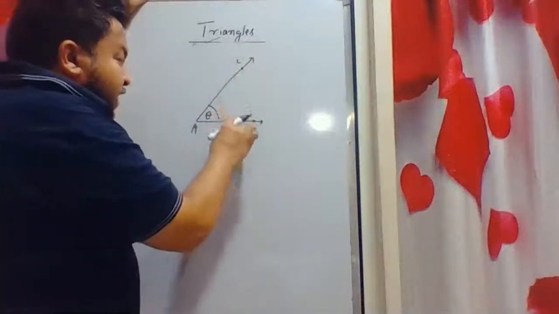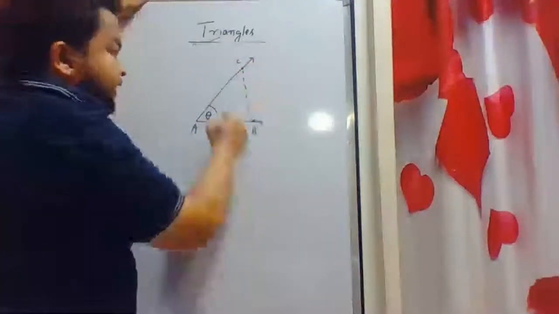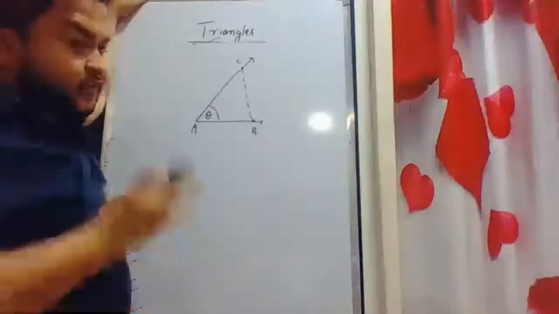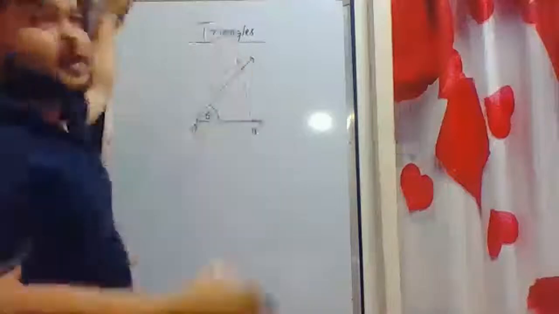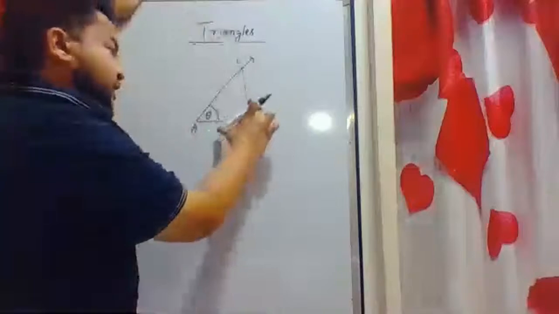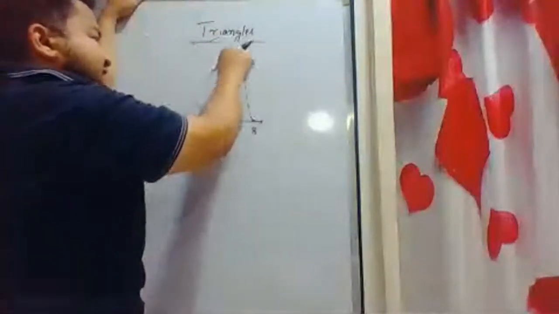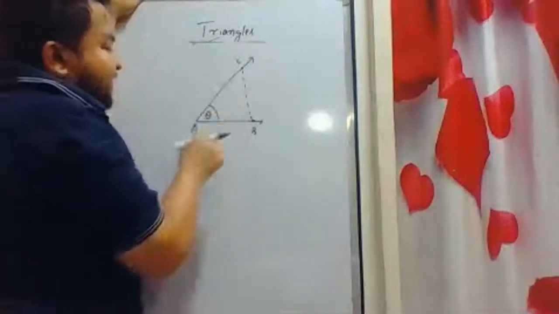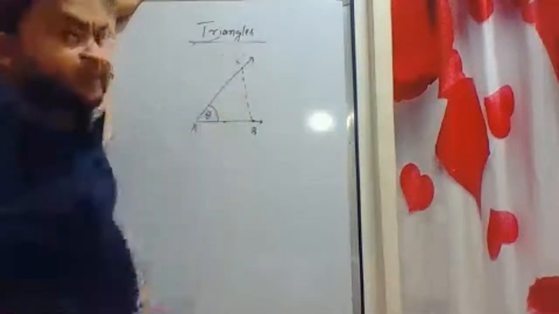Now when I am limiting the angle, see what geometrical figure we are getting? Triangle. So every triangle is nothing but an angle limited on its opposite side. If you look from this side, this is how angle B is created. When angle B is limited at points A and C, it becomes the same triangle. Similarly, when angle C is limited on both sides by points A and B, it becomes this ABC triangle.